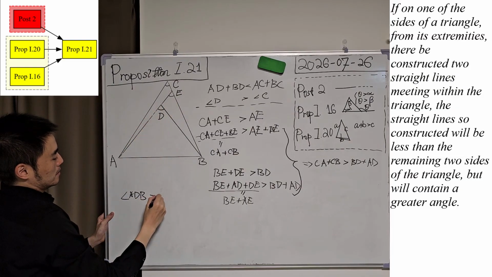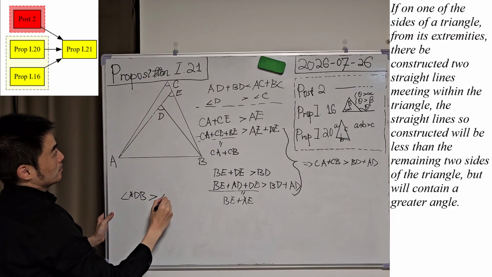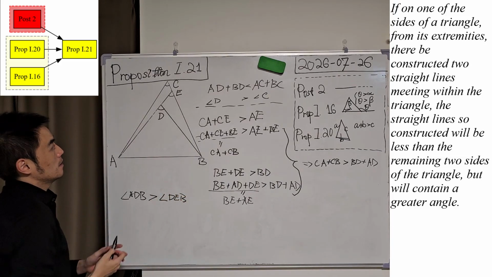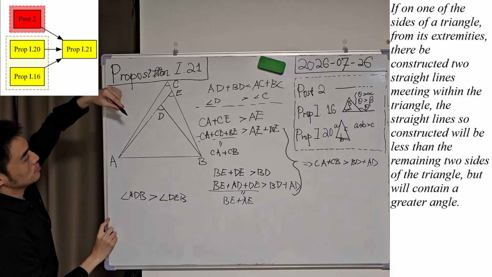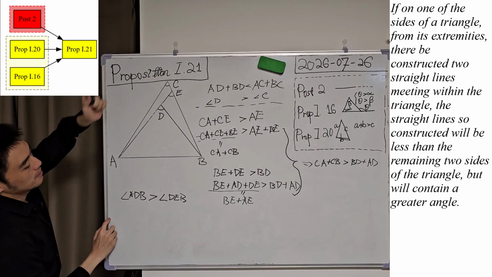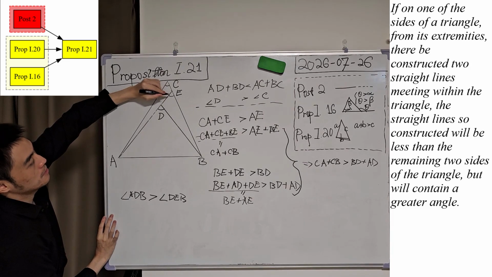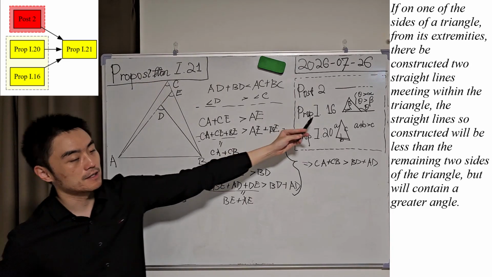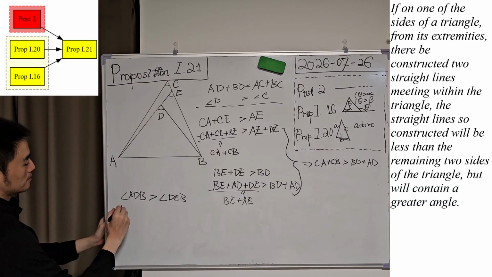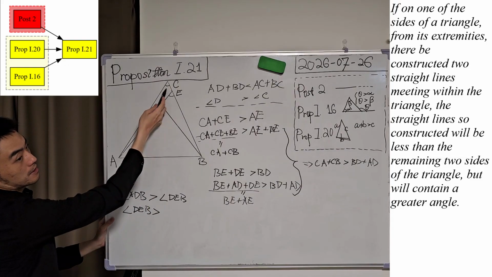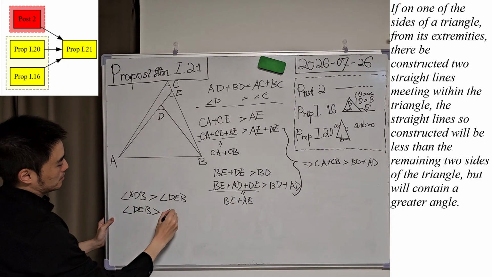So we know that it is greater than angle DEB, right? And again, pay attention to this triangle ACE, where this is an exterior angle. Applying proposition 16 again, we can conclude that angle DEB is greater than the opposite interior angle, which is angle C.